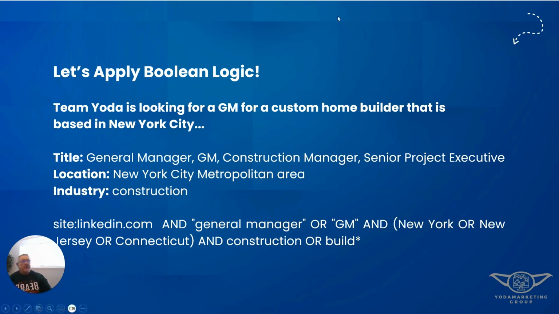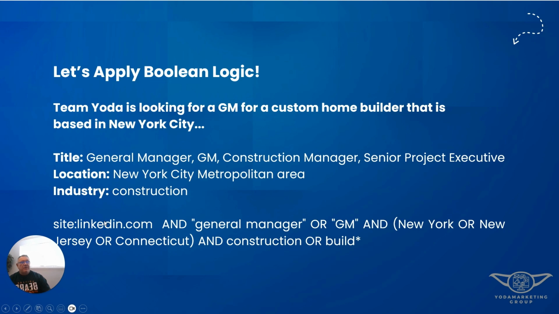But here we have the title, right? GM, general manager, construction manager, senior project executive. There's probably other variables of the title that this individual may or may not currently have, okay? We got the location and then the industry.